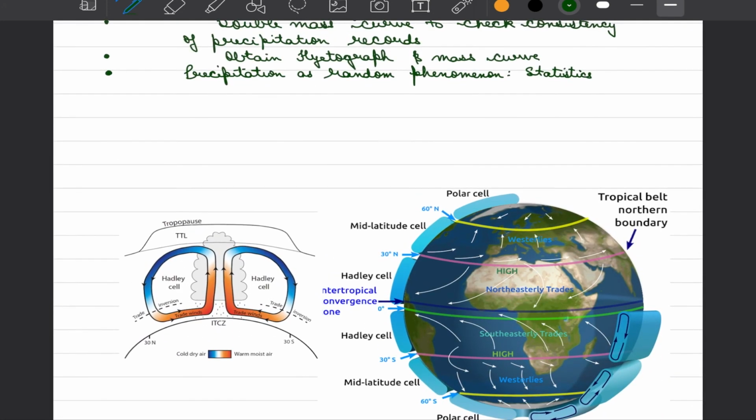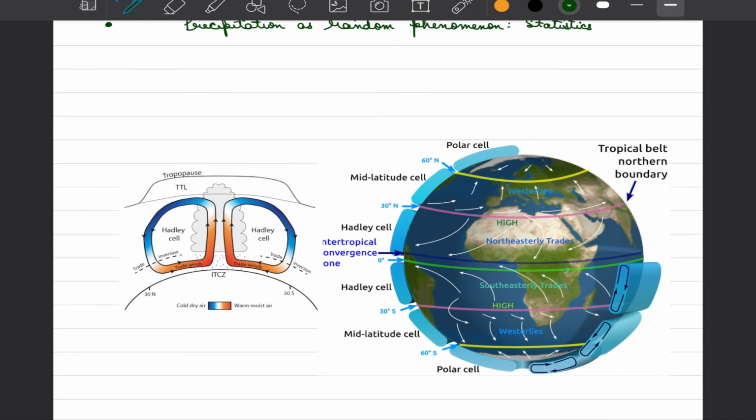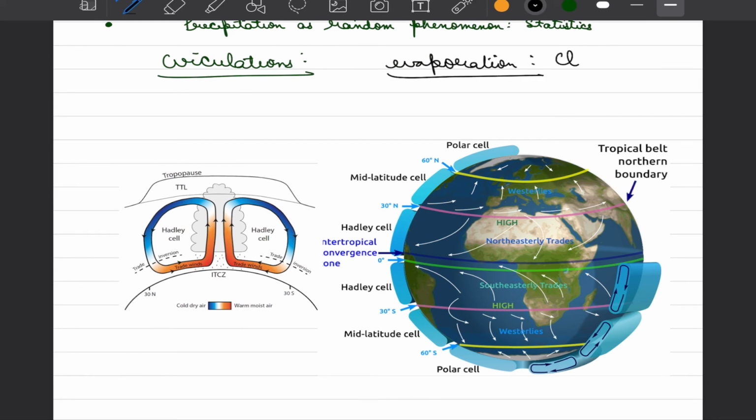To understand that, we need to look into something called circulations. Most of the moisture transportation that takes place on the earth is the result of evaporation from oceans, and that moisture that evaporates results in formation of clouds.